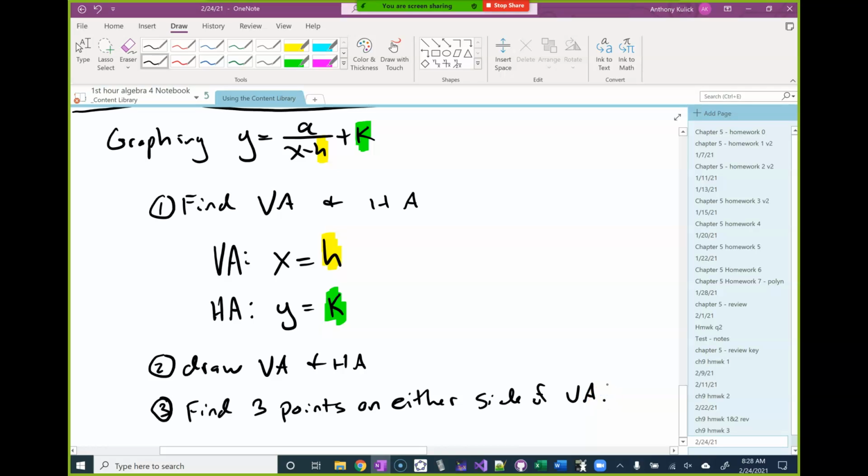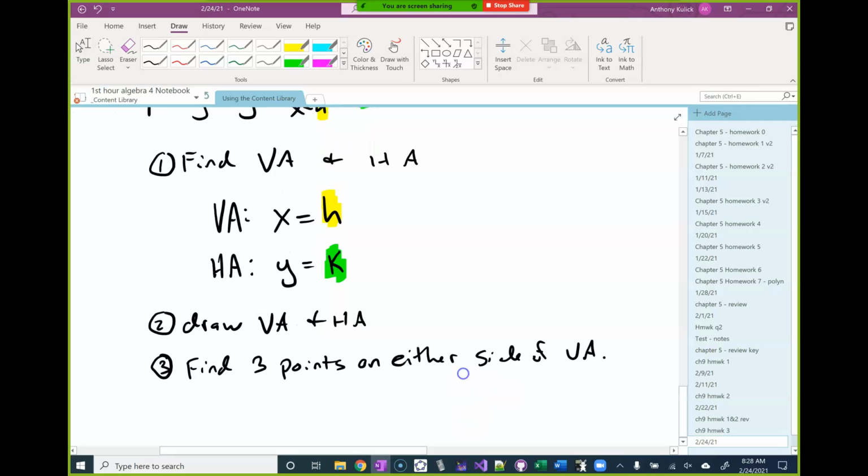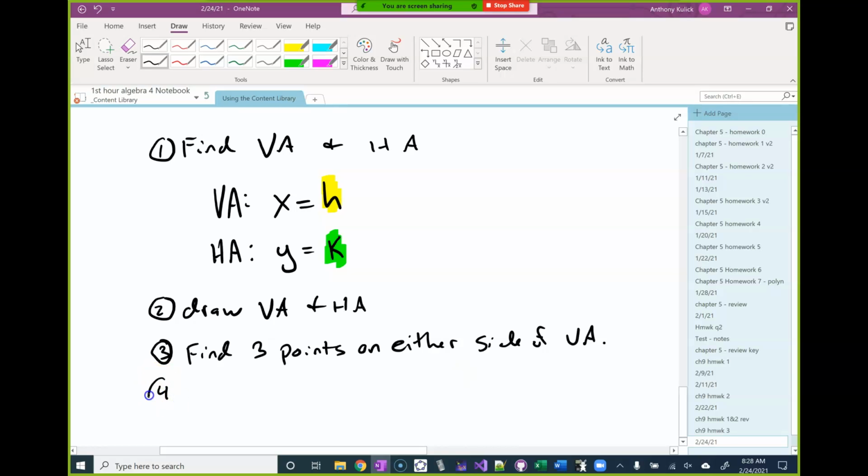And then we just plot those points and draw the graph. Okay, so far? What's that word next to plot? Points?